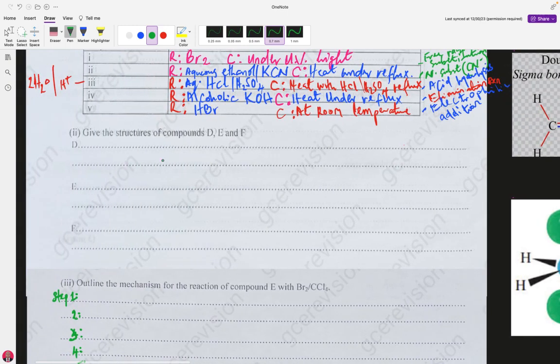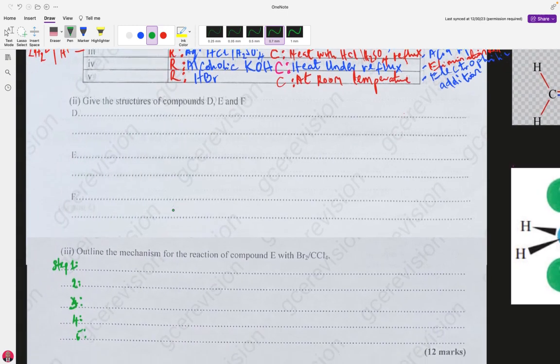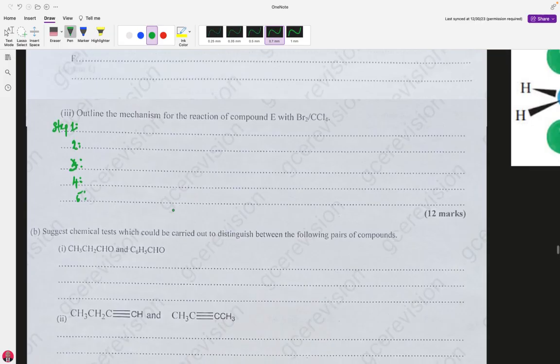You now see the different steps, the outline that I have given you here. Let's go now to B. Suggest chemical tests which could be carried out to distinguish between the following pairs of compounds. If you look at the functional groups, you see that there is an aldehyde functional group here.